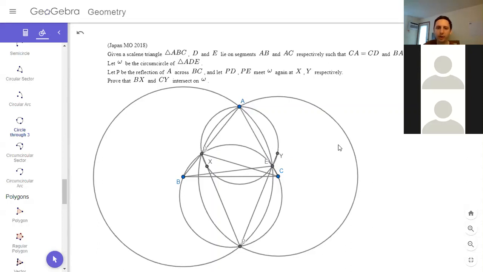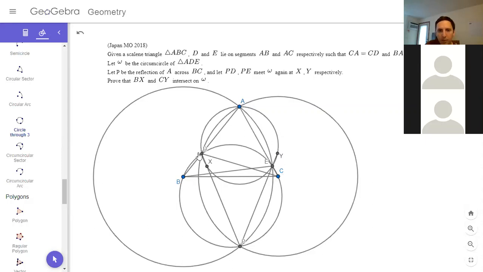And then I agree we could use ratios for the rest. But I want to show that they're both parallel to BC. I want to show that angle YDA is equal to angle CBA. And I bet that's an angle chase because we have to prove the parallel. But YDA equals YEA is PEC, right? And PEC is PBC.